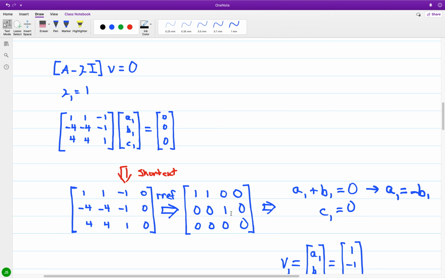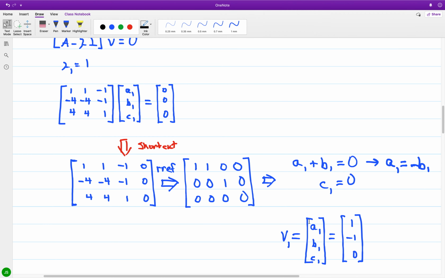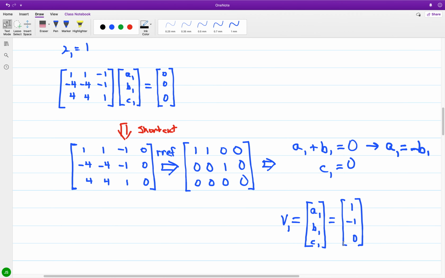Now from the second row, we have that c of 1 is equal to 0, and so c of 1 is negligible. And since a of 1 and b of 1 are of opposite sign, you could say that a of 1 is negative 1 and b of 1 is positive 1, but we'll just say that v of 1 is equal to, running down, 1, negative 1, and 0.